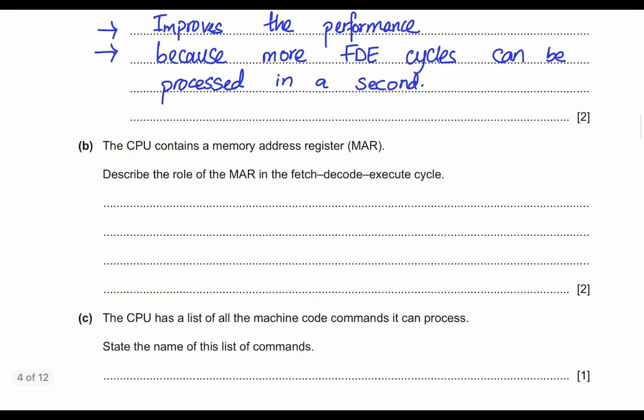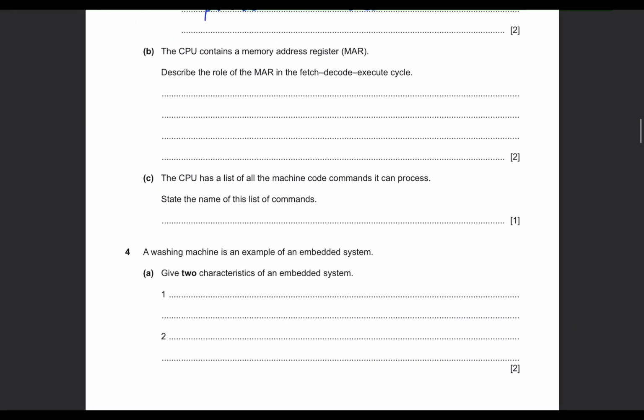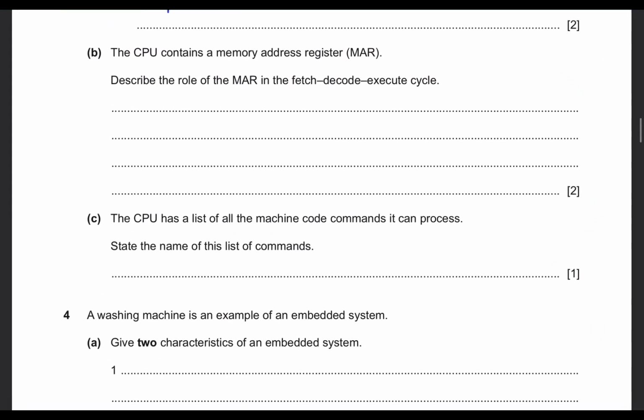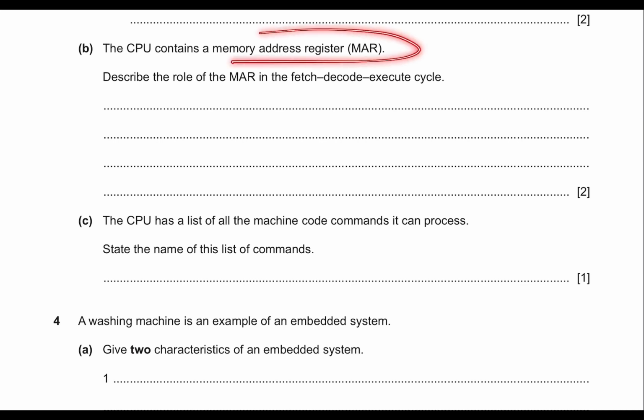All right. The next question says the CPU contains a memory address register. What is the name of the memory address register? MAR. Okay. Describe the role of the MAR in the fetch decode cycle. What is the role of MAR?